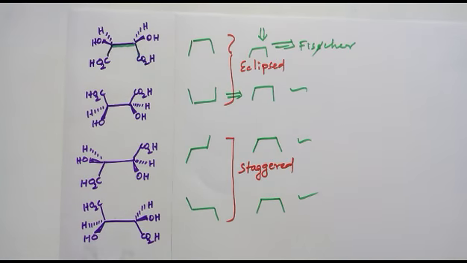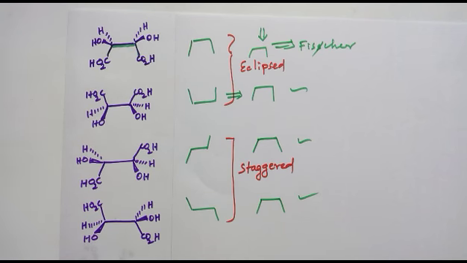Very easy. So at present, you remember, you need to see the bonds on the paper. In the flying wedge representation, see the bonds on the paper and see whether it is like a stool or like a chair. If it is like a stool, it represents that the conformation is eclipsed. If it is like a chair, it represents that the conformation is staggered.